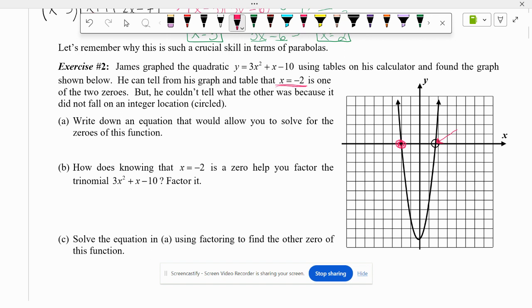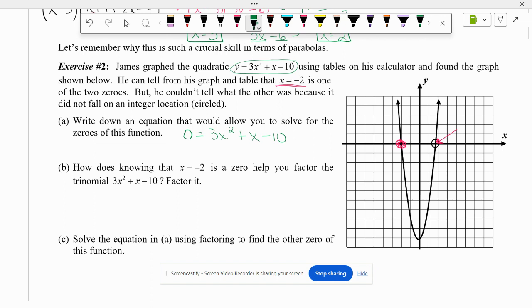So what equation would allow us to solve for this? Well, remember, we take the quadratic function and we set y equal to 0. So we let this function equal 0. The equation that we're going to use is 0 equals 3x squared plus x minus 10. So we know that x equals negative 2 is a zero.